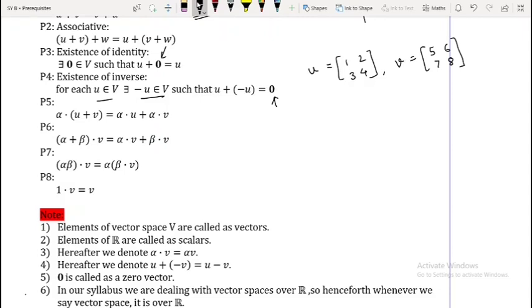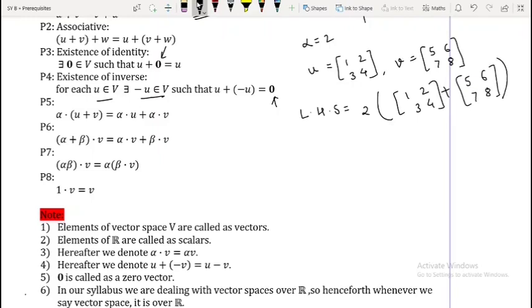Now I will take my alpha to be some 2, or some other element also we can take, but okay, I will take it to be 2. So what will be this property actually? Our left hand side will be 2 inside the bracket, 1, 2, 3, 4 plus 5, 6, 7, 8. Alpha dot u plus v.